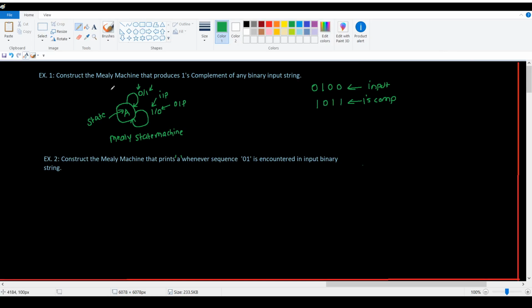The second example is the construction of the Mealy machine that prints A whenever sequence 01 is encountered in the input binary string.